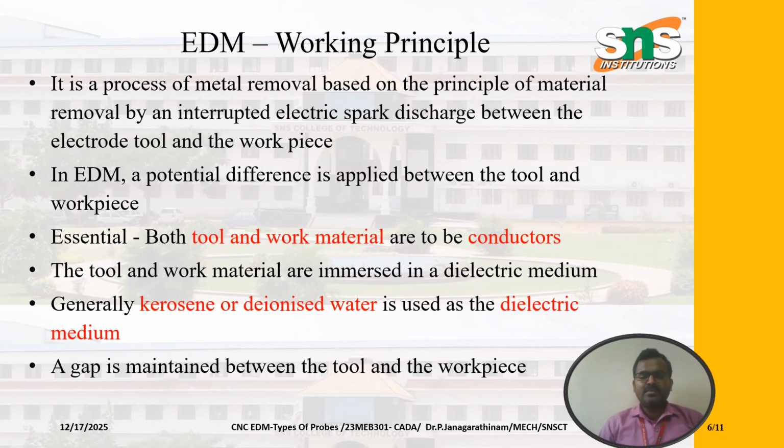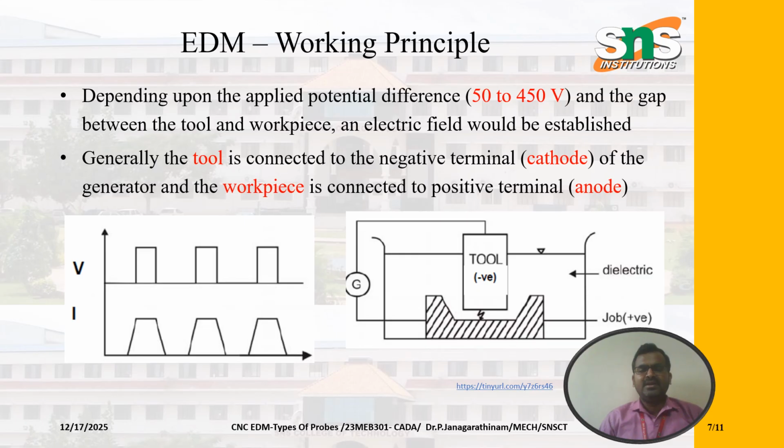They are immersed in a dielectric fluid medium, which avoids excess heat generation during machining. Generally, deionized water or kerosene is used as the dielectric medium. A gap is maintained between the tool and workpiece, and depending upon the applied potential difference, we vary the power supply from 50 to 450 volts.